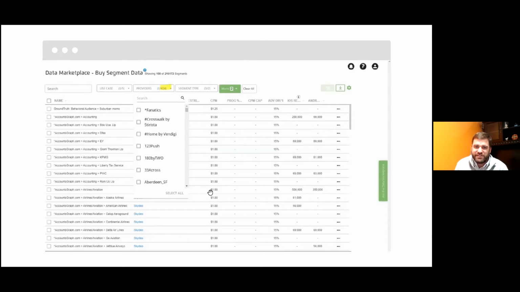I mentioned before the number of off-the-shelf segments. What you'll see here is a screenshot from Popular Data Marketplace of all of those segments. You see 424 different providers, 216,000 total segments, and quite a few business granular audiences.